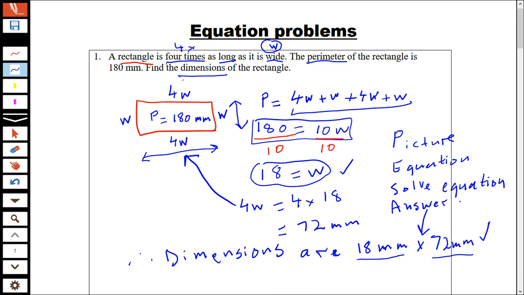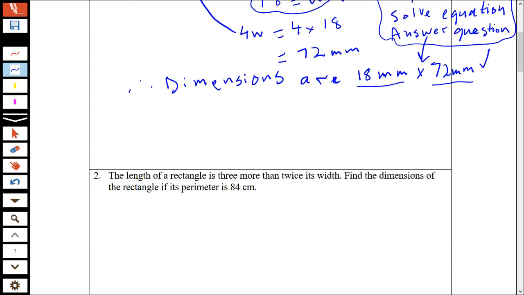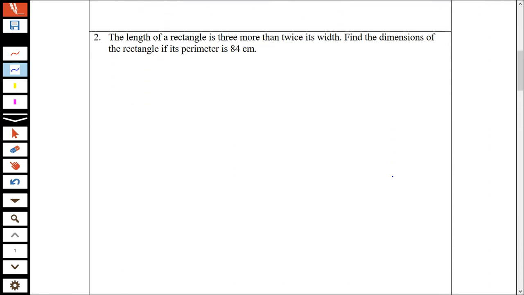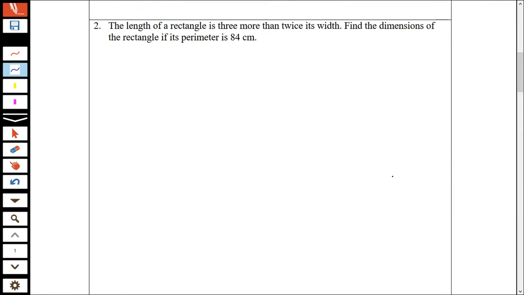Those are the steps. So here is your recipe for solving these questions. Draw a picture or a diagram, write an equation, solve the equation, then answer the question. All right, so 4 things to do. So copy all of that down, and then I want you to try the second question by yourself. Right, question 2. So pause the video and have a go at question 2.